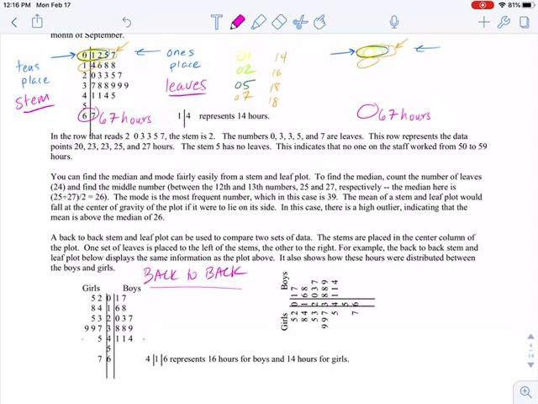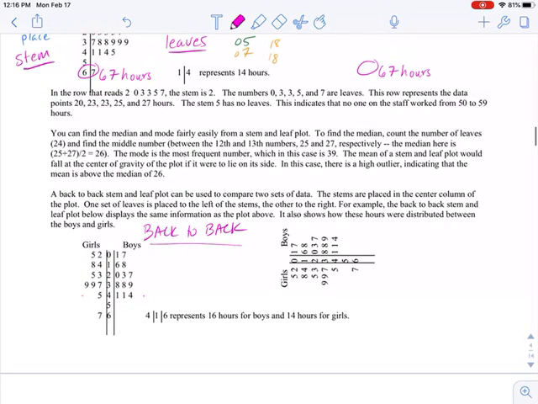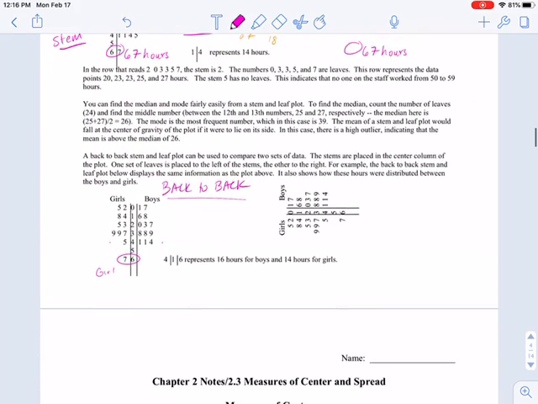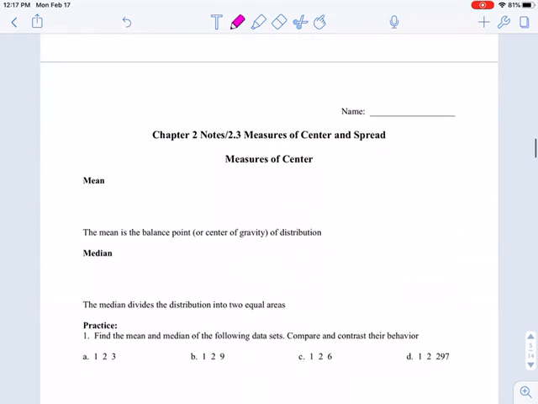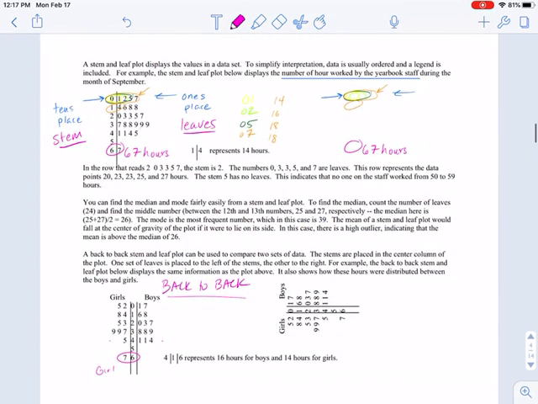Again, this is the same data from above, but you'll notice the person that worked 67 hours in this example was a girl because they're on the left side of the stem. Okay, that does it.